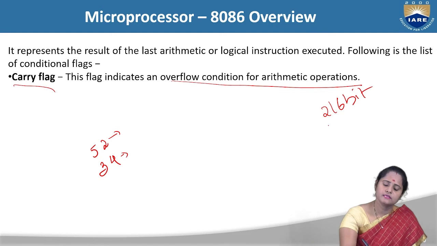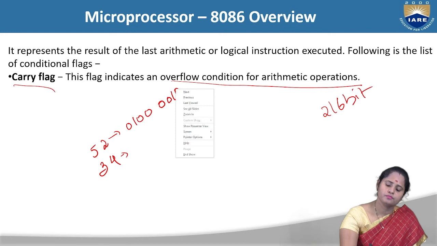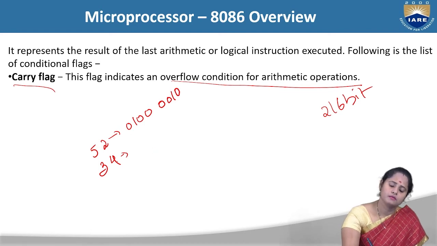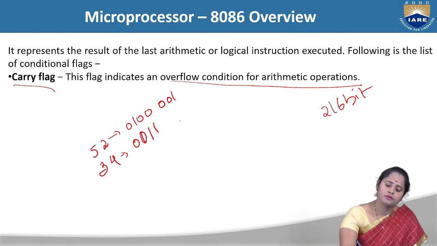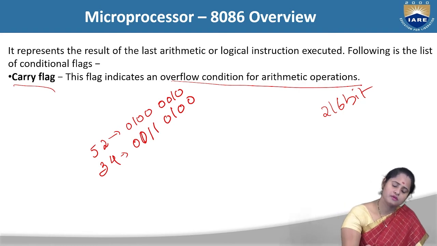In 16 bits, you can write it as 0, 1, 0, 1, and 2 is 0, 0, 1, 0, and 4 is 0, 1, 0, 0.